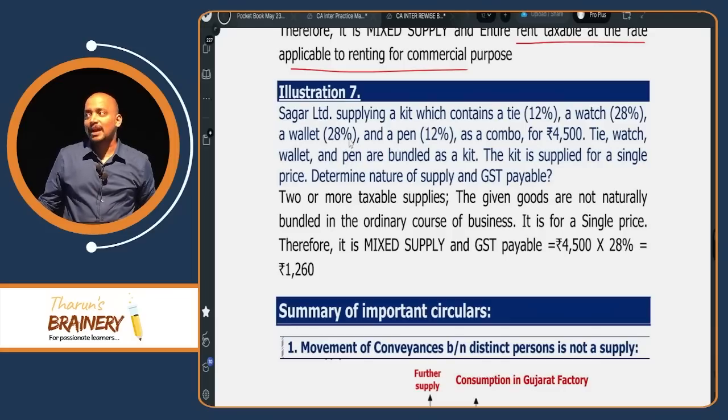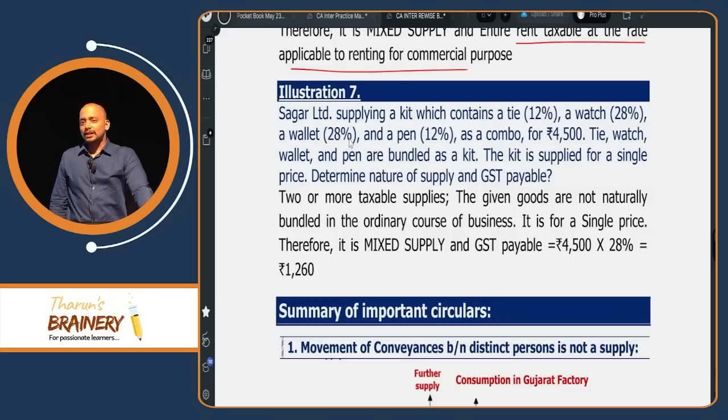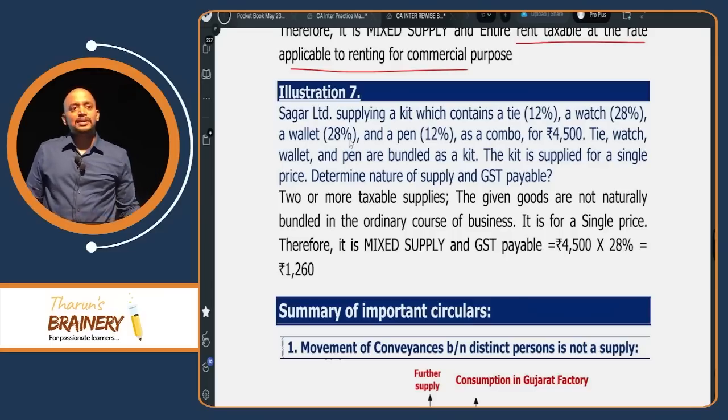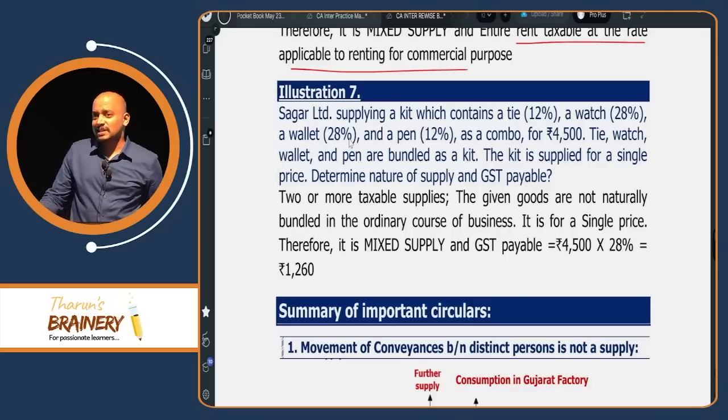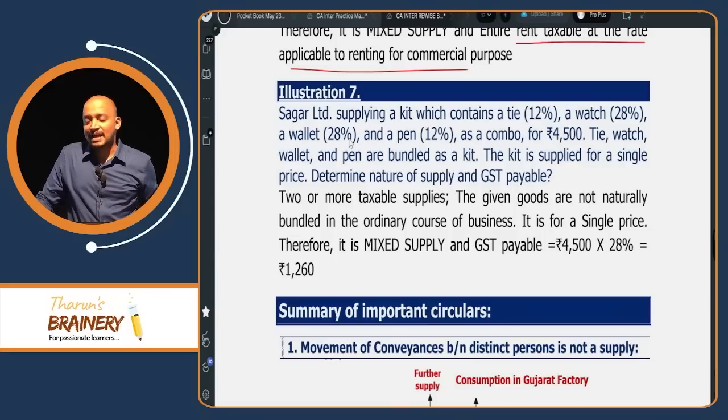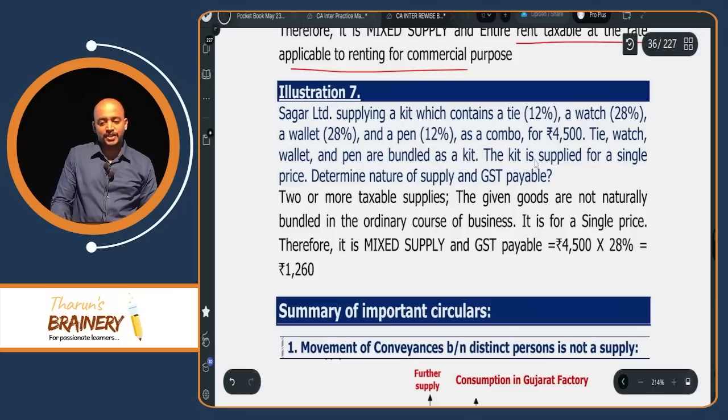Determine the nature of supply and GST payable. So, are all taxable? Yes. Naturally bundled? No. So it is not a composite supply. Now, is it a single price? Yes. Therefore, it will become mixed supply, and the highest rate is what? 28%. That is applied on the entire amount, that is 4,500. 4,500 into 28%, 1,260.